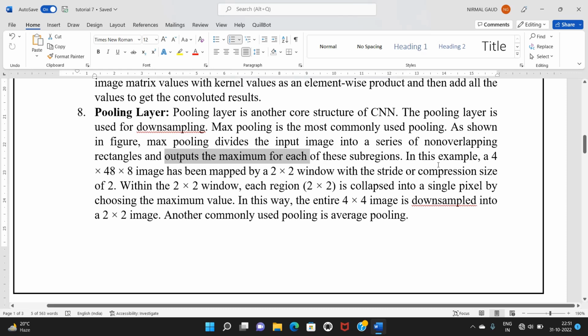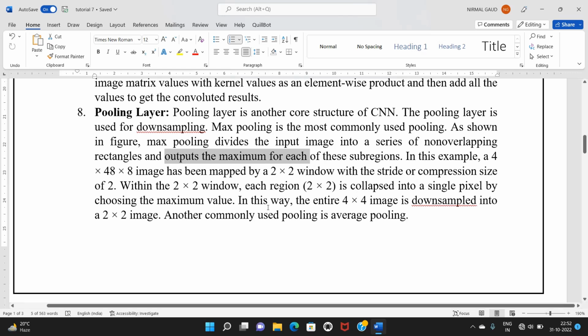In this example, a 4 cross 4 image has been mapped into a 2 cross 2 window with the help of a compression technique. So it compresses your image and collects the feature window or feature matrix from your image, frame, or whatever the input value is.